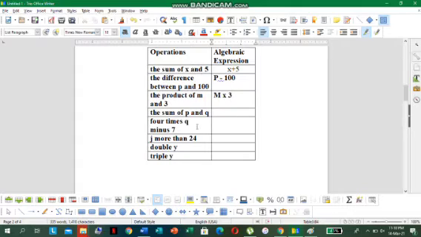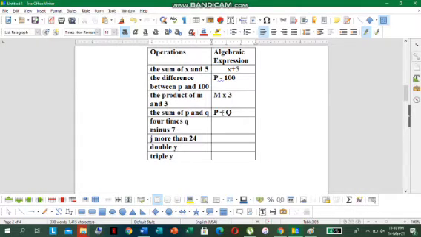Our next one says the sum of p and q. We said earlier that sum in mathematics means to add. So it would be p what? Plus. Beautiful. P plus q. That would be the answer there.